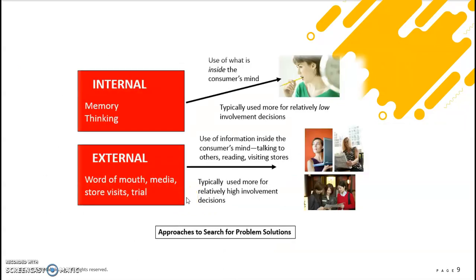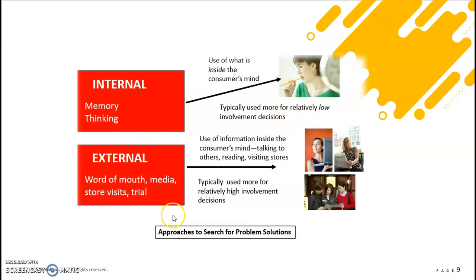Okay, to gain information in the market about the products, goods or services that the consumer finds, it involves the internal and external parts. Okay, the internal is about the memory and thinking, which is the use of what is inside the consumer's mind. It is typically used more for relatively low involvement decisions.